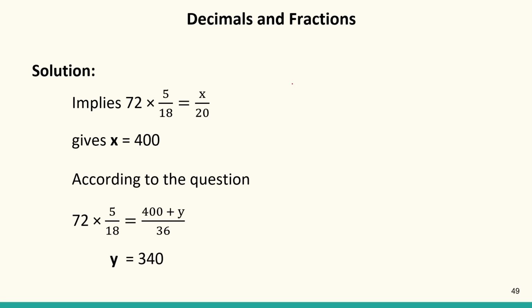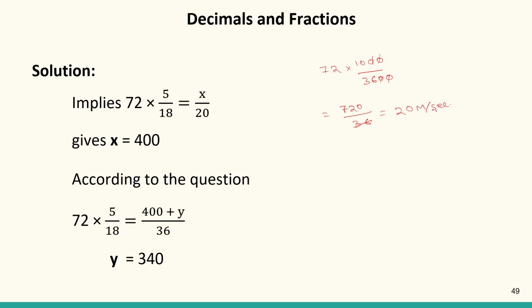Let's explain it here. The speed of the train is 72 km per hour, which is 72 into 1000 by 3600, that is 720 by 36, which is 20 meters per second.